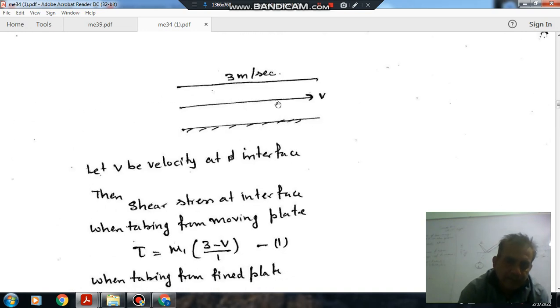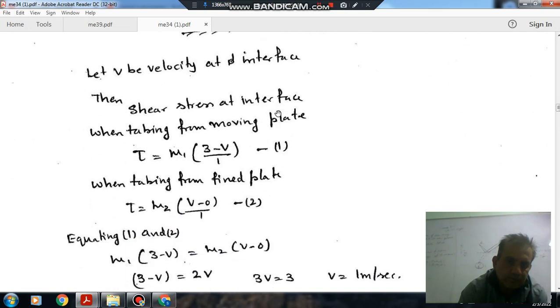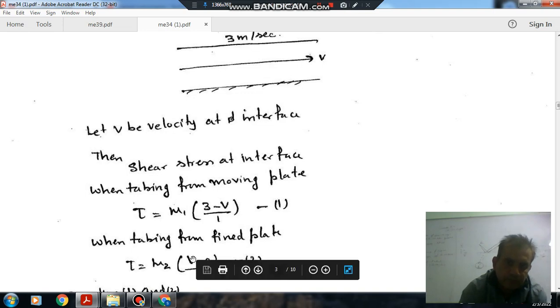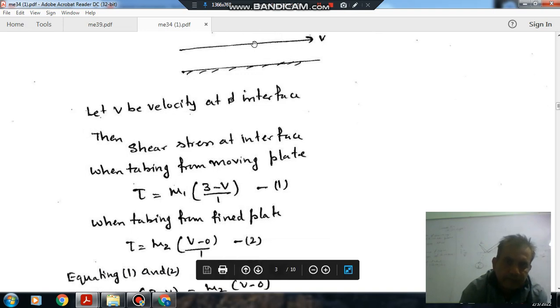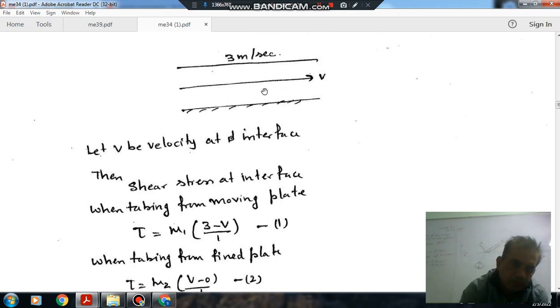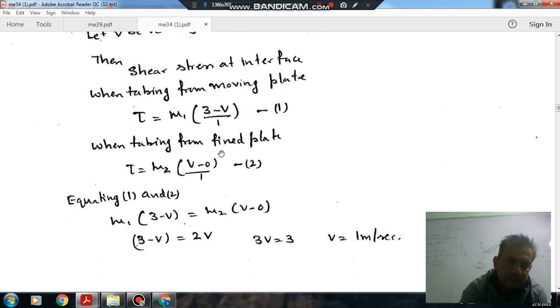Again here the fluid is the second fluid, and its viscosity is mu2, and the shear stress is V by gap into mu2. The shear stress at the interface, either from above or from bottom, should be the same.